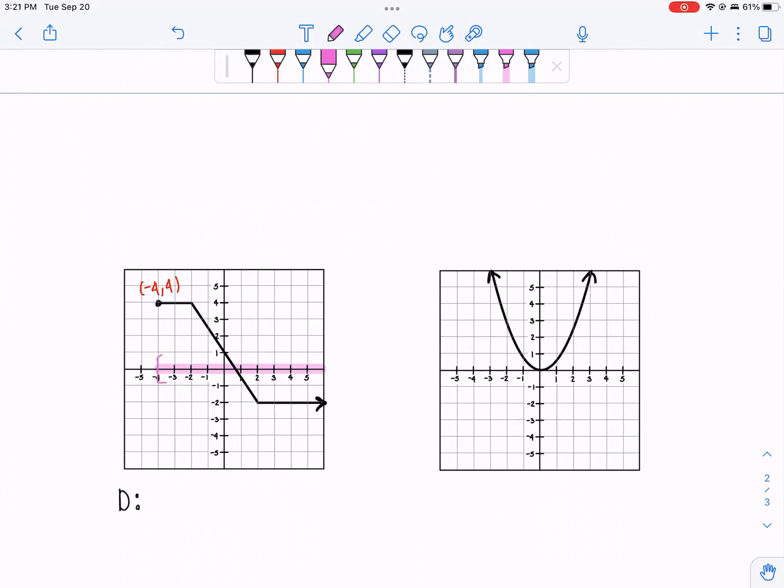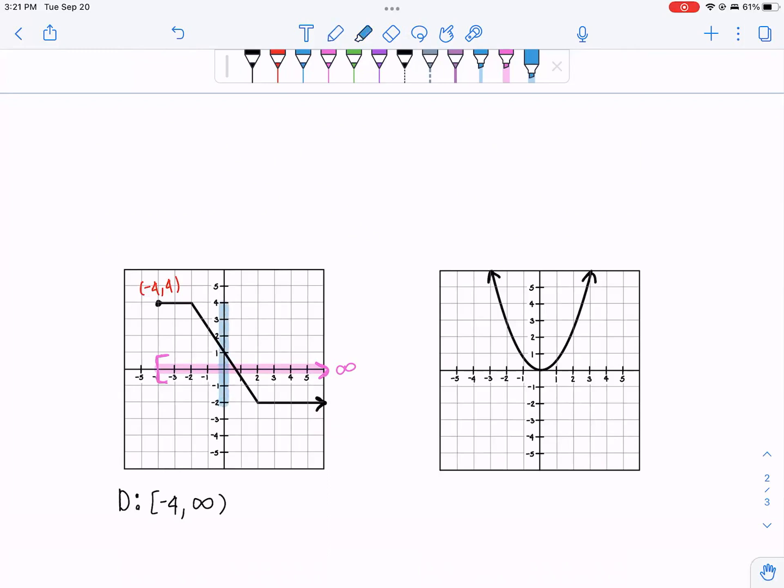So we're including -4. But then something weird is happening because this arrow here indicates that the graph goes off the page, which means that we are covering x values forever, off to infinity. So our domain includes -4 and all the way up to infinity, who always gets a parenthesis.